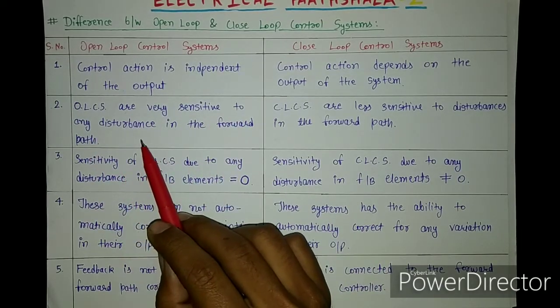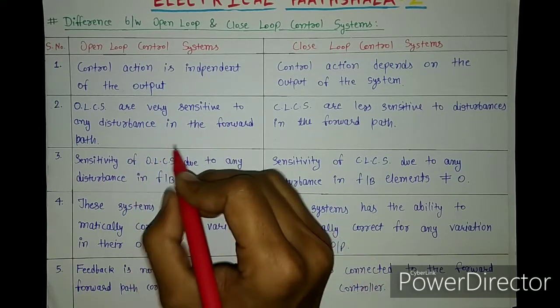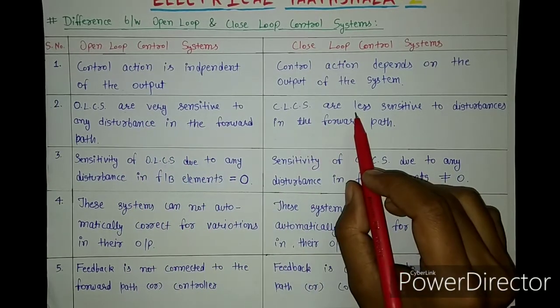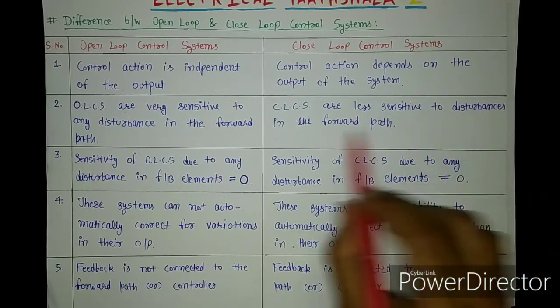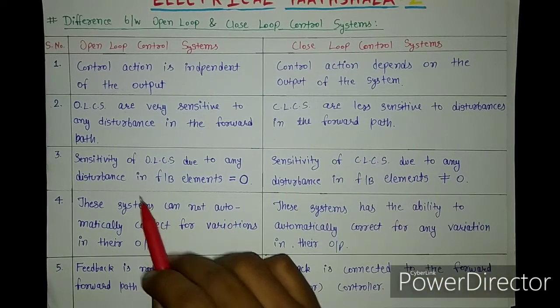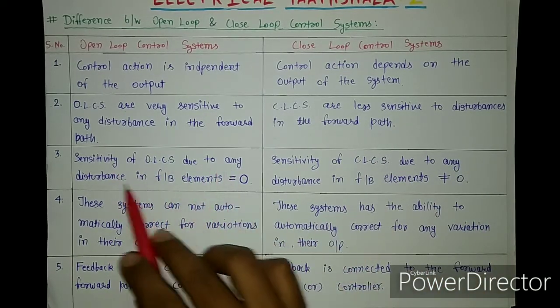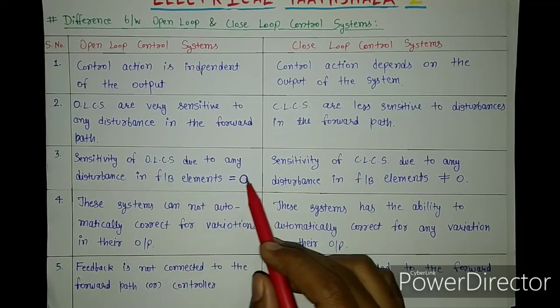The second difference is open loop control systems are very sensitive to any disturbance in the forward path. We know that the sensitivity of an open loop control system to any disturbance in the forward path is 1. But closed loop systems are less sensitive to disturbances in the forward path. Next difference is the sensitivity of an open loop control system due to any disturbance in the feedback element is equal to 0.